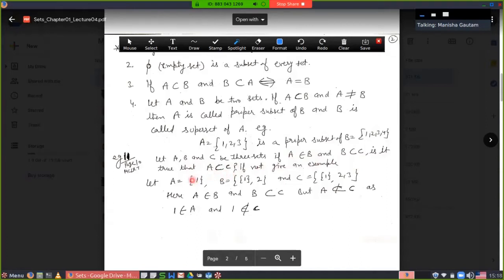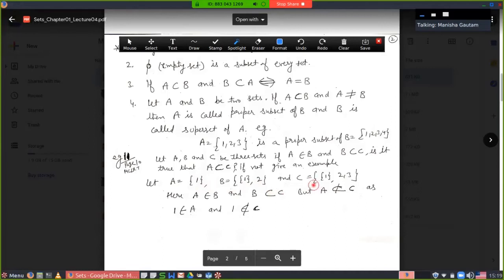Now I have taken A as a set having element 1. B is a set having elements {1}, not 1 but the set {1}, with brackets here. It means this whole set A having element 1 is here as an element of B. And the second element is 2.